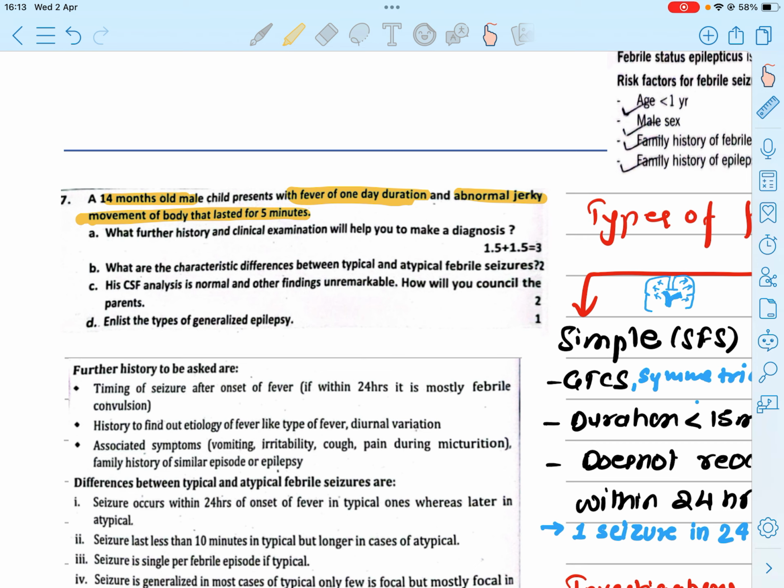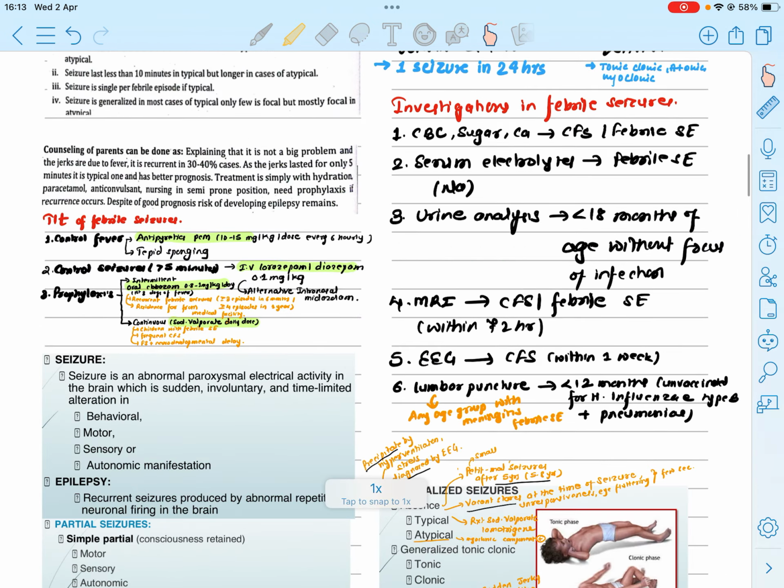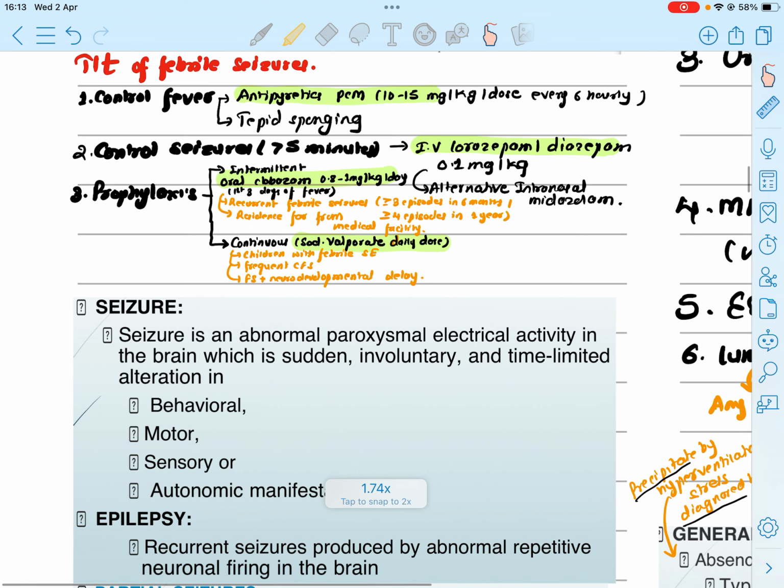Before going further, first know what is seizure and what is epilepsy. Seizure is an abnormal paroxysmal electrical activity in the brain which is sudden, involuntary and time limited alteration in behavioral, motor, sensory and autonomic manifestation.